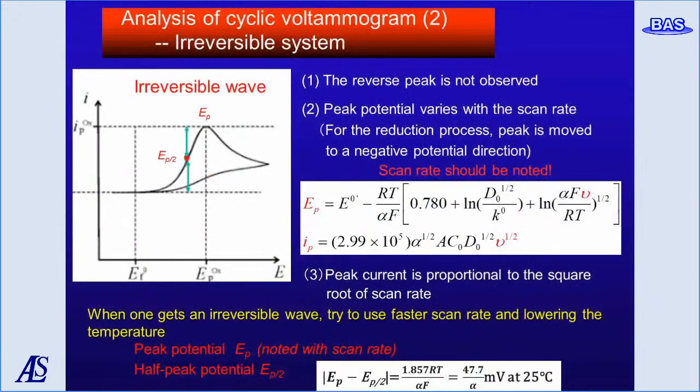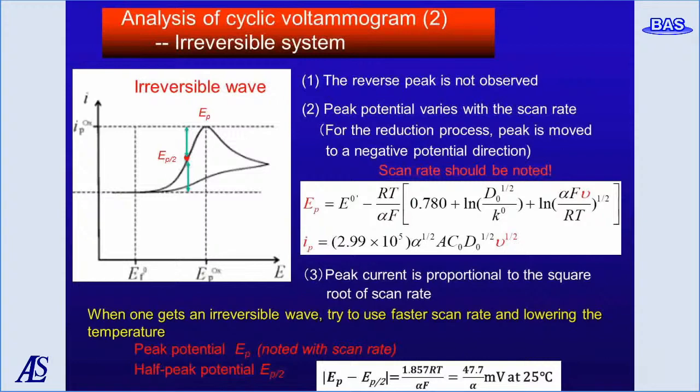In an irreversible voltammogram, there is no reverse peak observed, and peak potentials vary with the scan rate, which is in sharp contrast to the reversible case. In the irreversible case, the peak potential is shifted in the negative potential direction, which is shown in these equations.